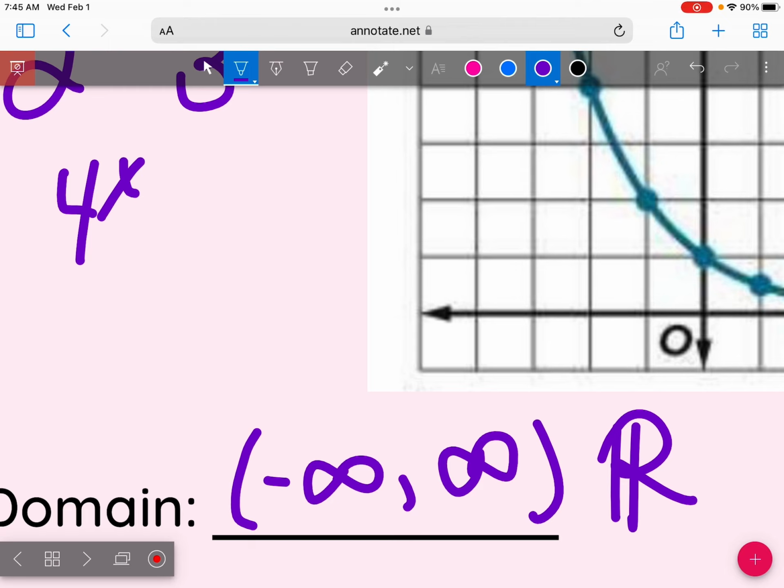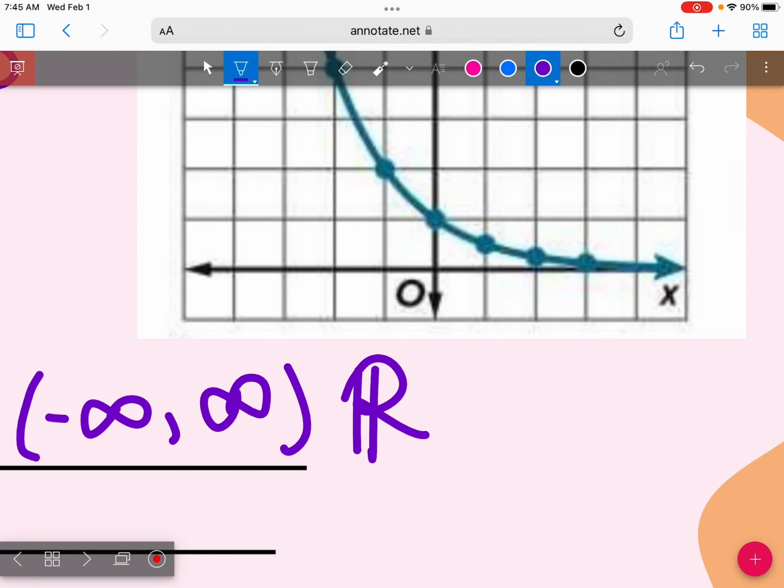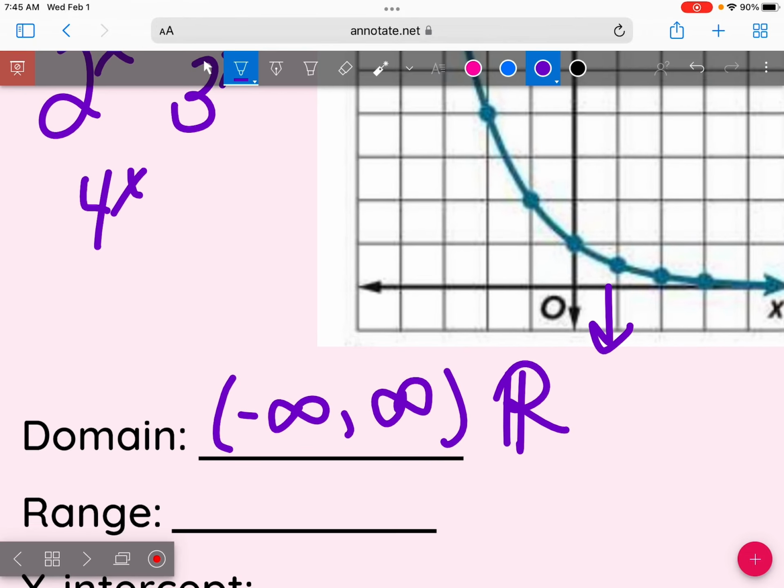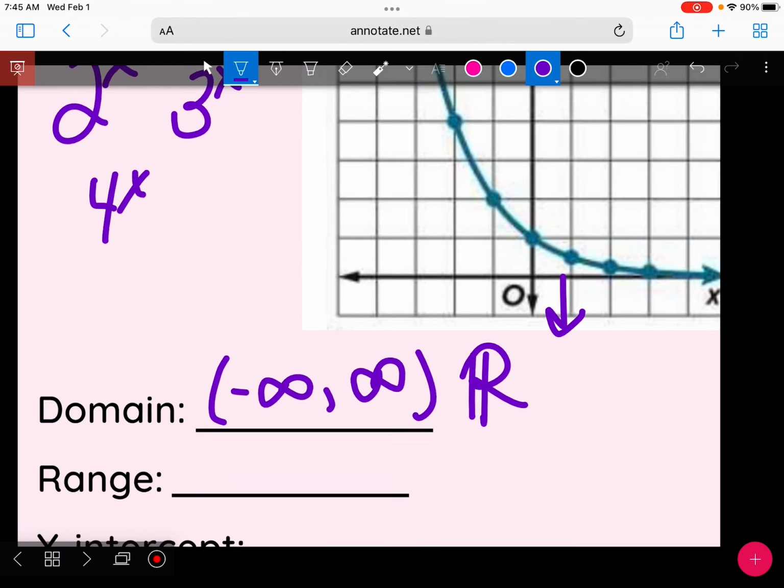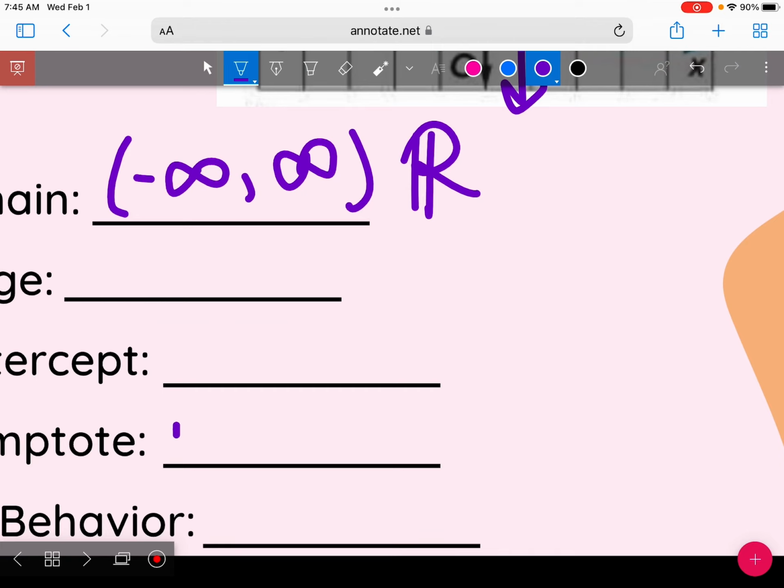What are we approaching as y goes this way? Negative infinity, but we have a wall there. Do you see what the wall is? What's our asymptote? Oh, it's 0. Our asymptote is 0.